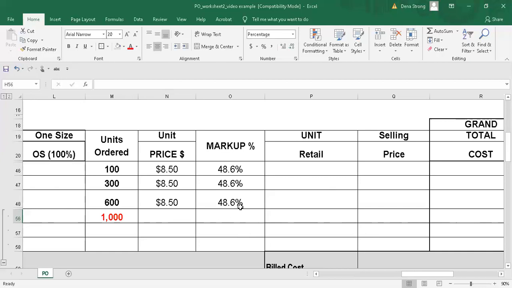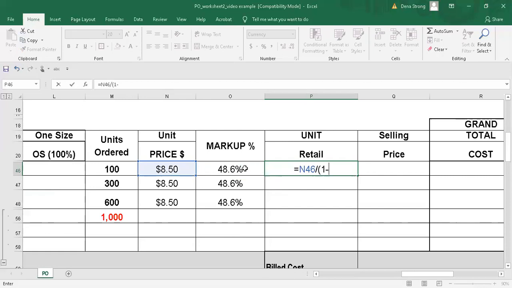All right, so let's put in our first formula so that we can see the unit retail. So that formula is equal, click on the wholesale cost of the item, divided by parentheses, 1 minus markup percent, which now we can click on 48.6%, close parentheses, hit enter.